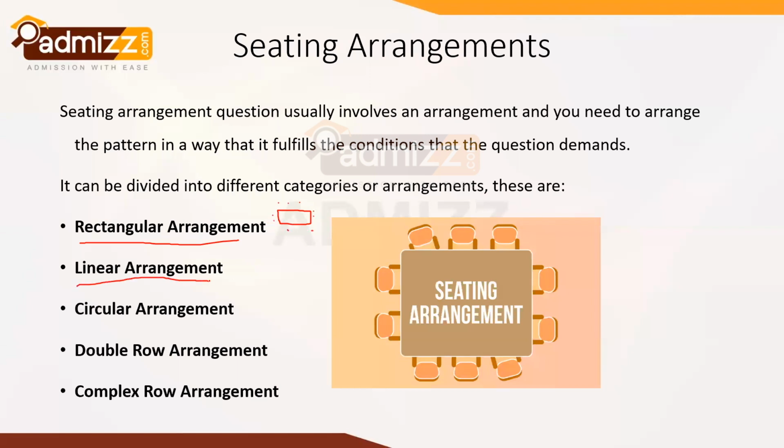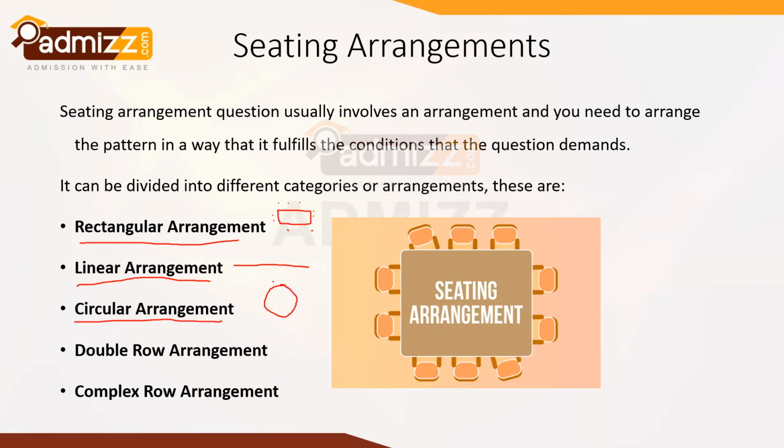Linear arrangement is when people sit in a row. For instance, when you sit on a bench in a park, that's generally a linear arrangement, because people are sitting side by side. Circular arrangement is when people sit in a circular fashion.